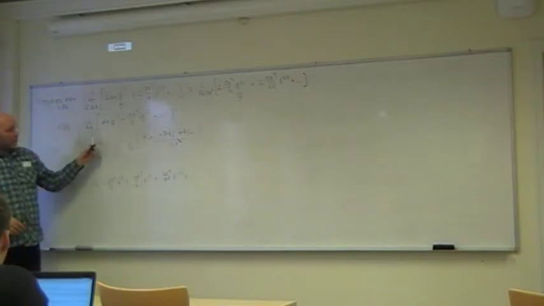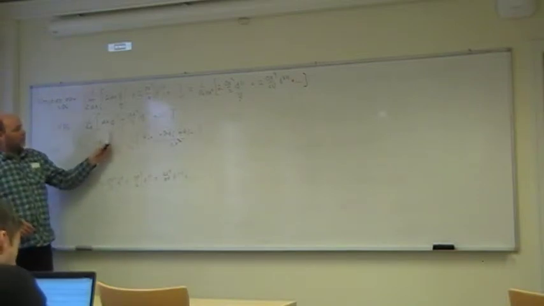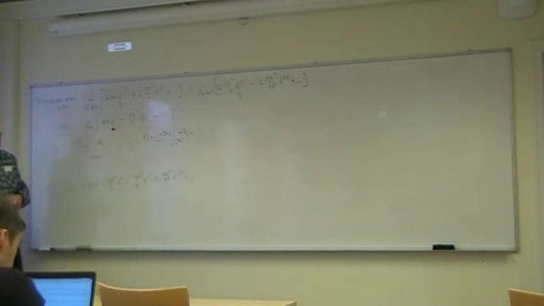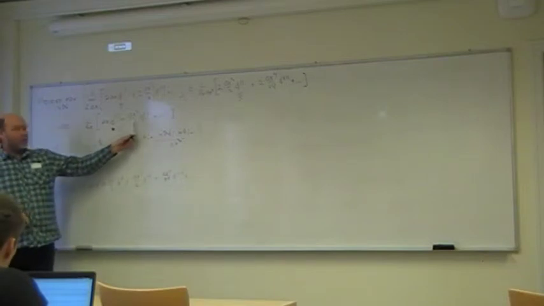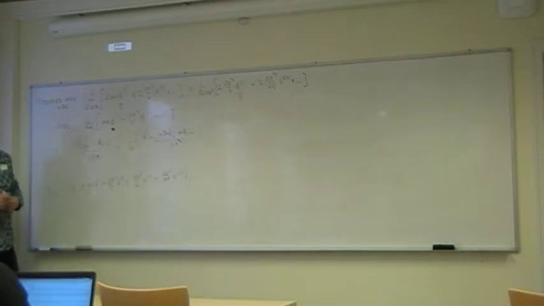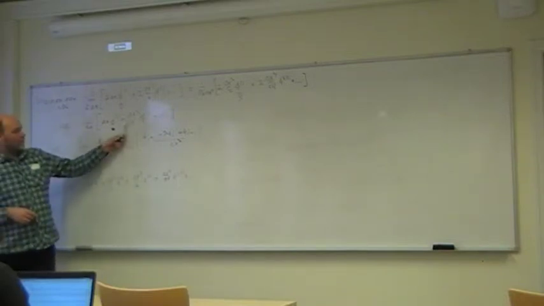It's still consistent. Let the deltas go to 0, we get back the original equation, so that's okay. But now the order has dropped. This is a first order scheme, as you all know. First order upwind differencing. So this doesn't look too good.